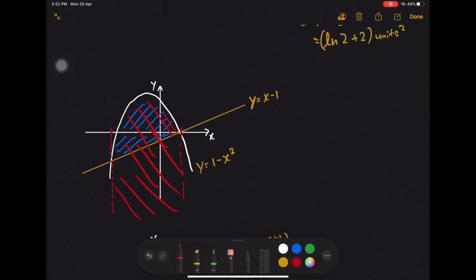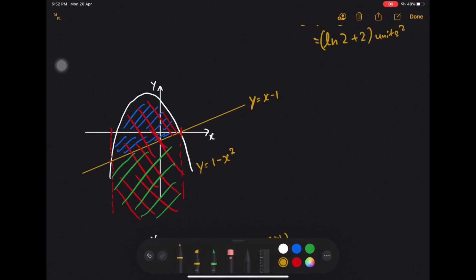So then the next thing that we're going to do is find the area under the line. To do that, we let it be green. You can see that if I use my red region minus the green region, I'll get the blue, right?